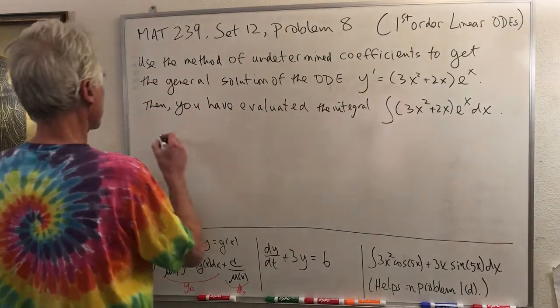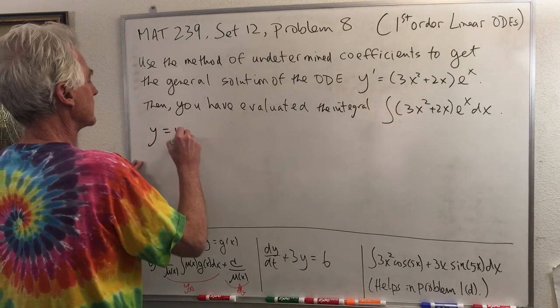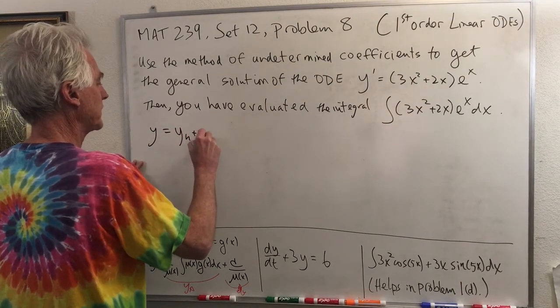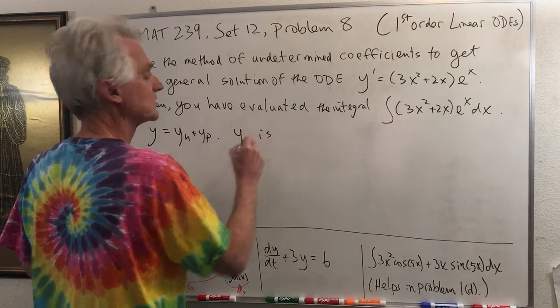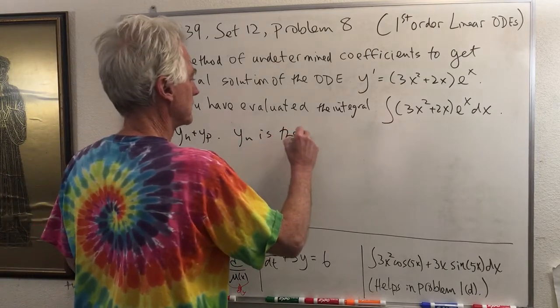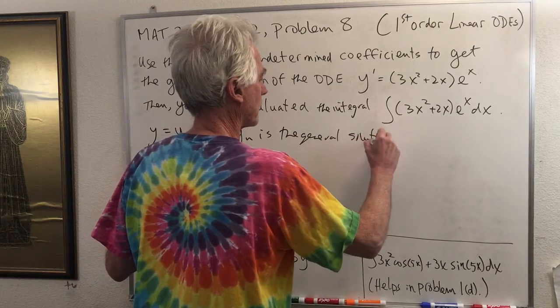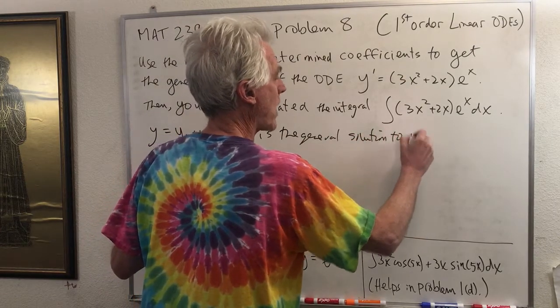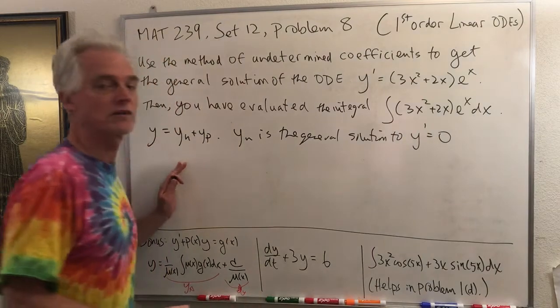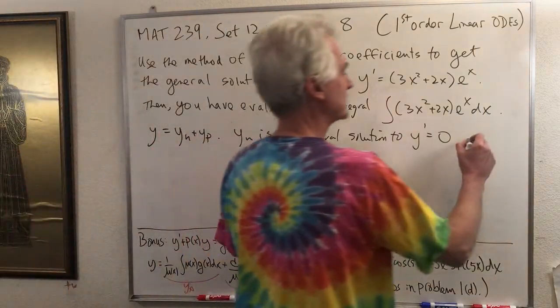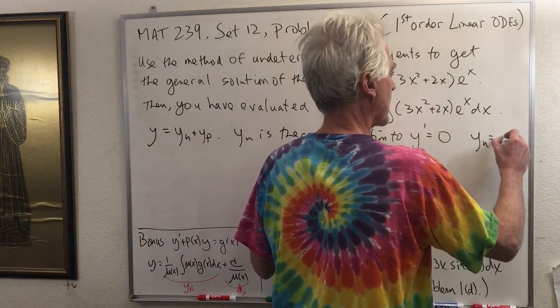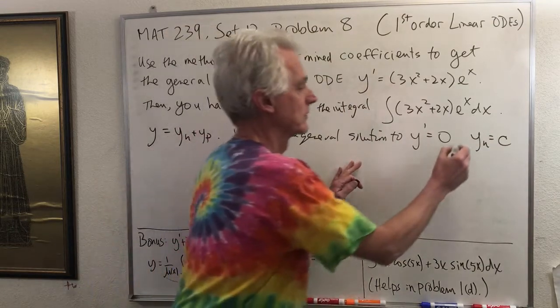So for this thing, we have y is yh plus yp, and yh is the general solution to y prime equals 0. Set the right-hand side to 0. Oh, that's easy. yh is a constant, right?